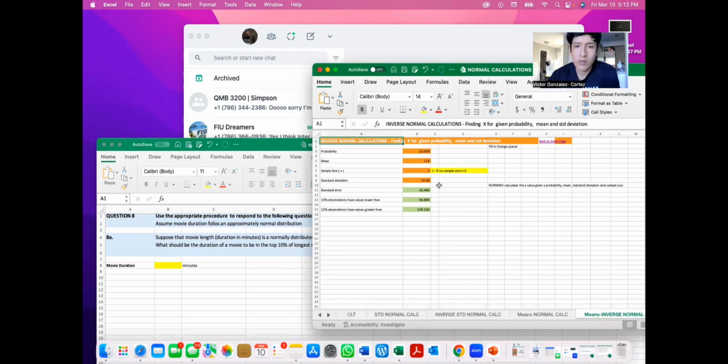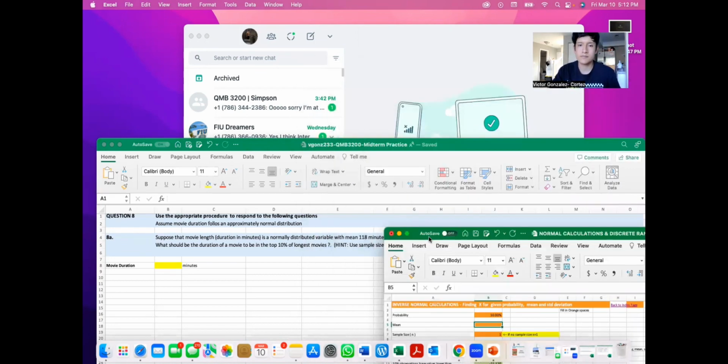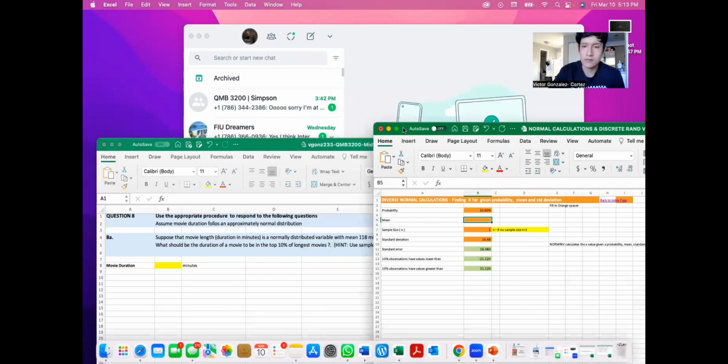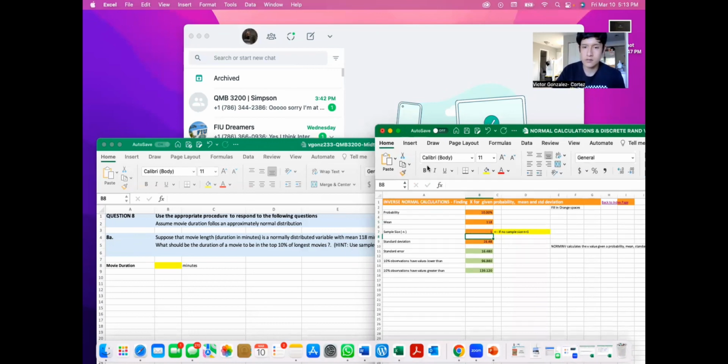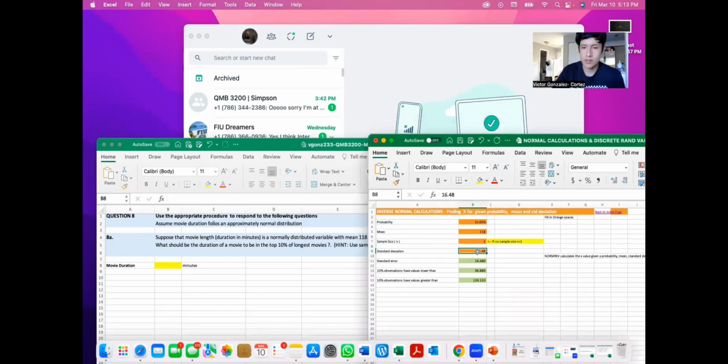So we want the probability to be 10%, and it says that our mean is 118. And then our sample size says to use 1, and our standard deviation is 16.84.